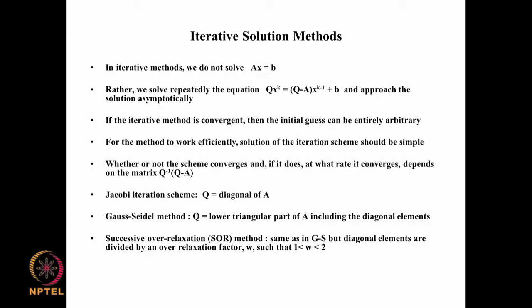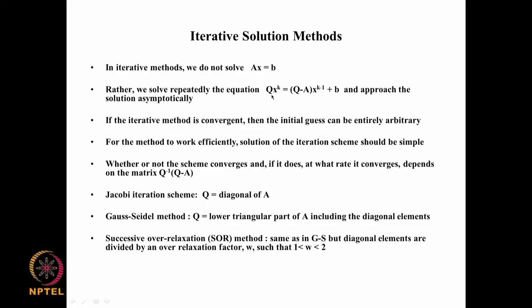So for an iterative solution method to be effective from a computational point of view, finding Q should be easy, and solving this equation should be easy. And how many such equations? There are n such equations, where n is the number of variables.